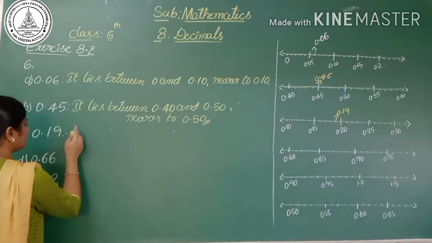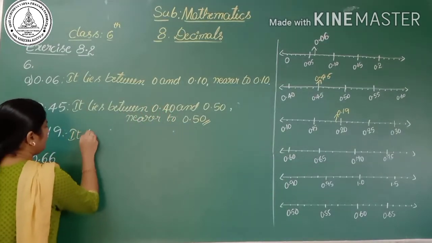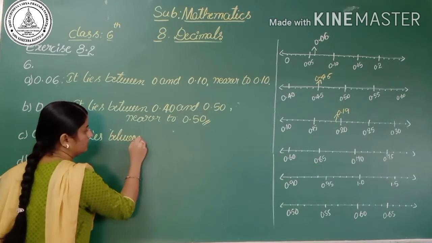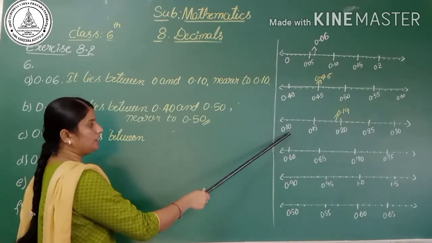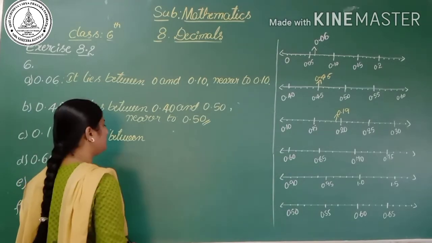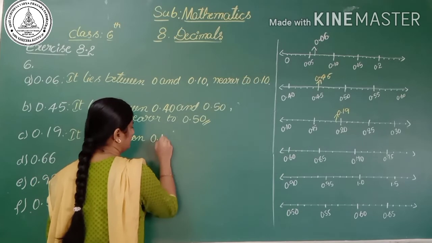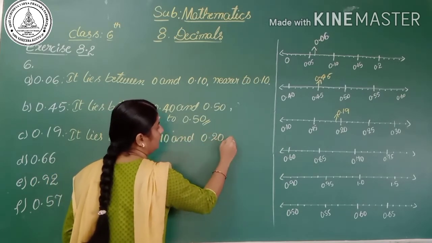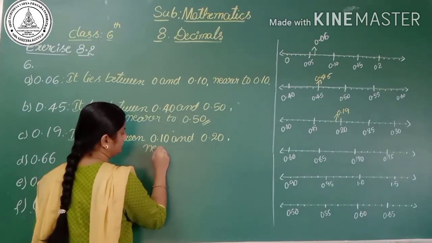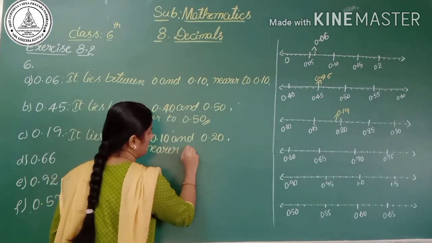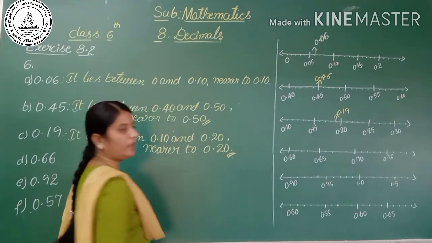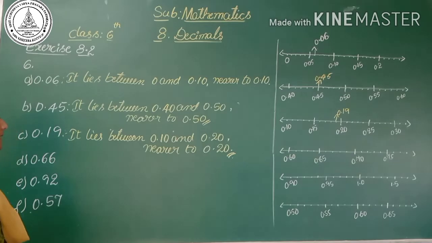Here, it lies between 0.10 and 0.20, comma, nearer to 0.20.